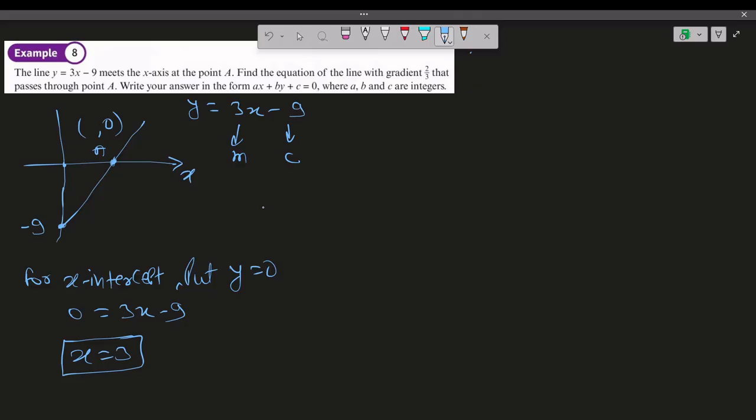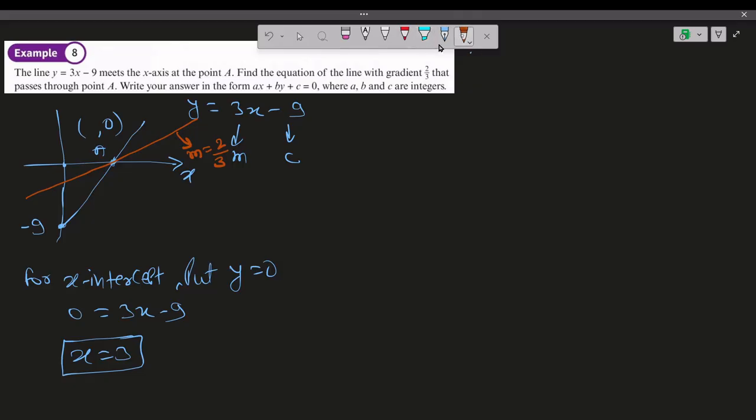Now the next part. Find the equation of a line with gradient 2 by 3 that passes through point A. There is another line passing through point A, and we have to find this brown line. The gradient m is 2 by 3, and it passes through point A, which we just found.